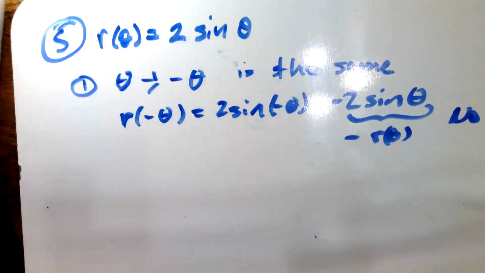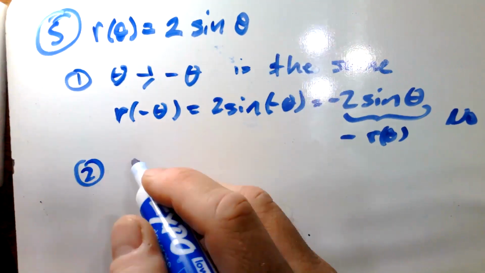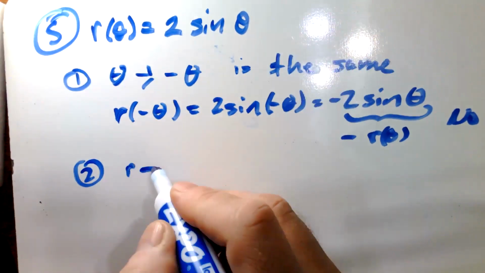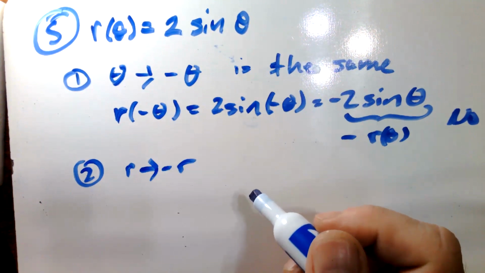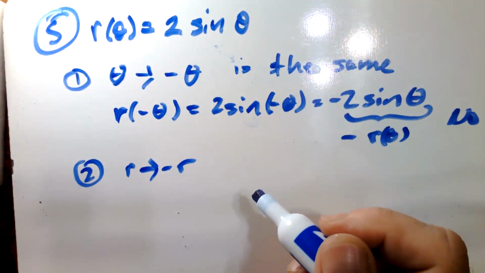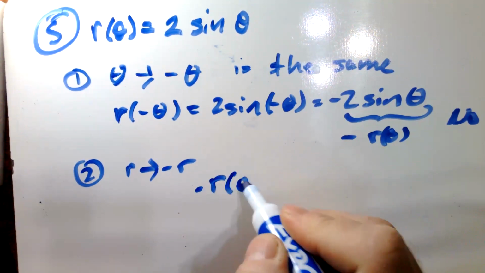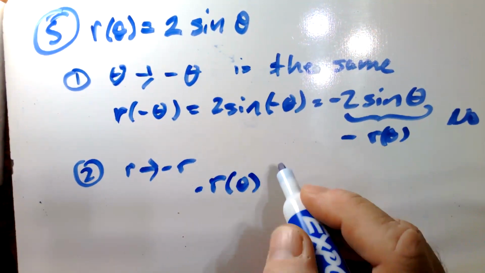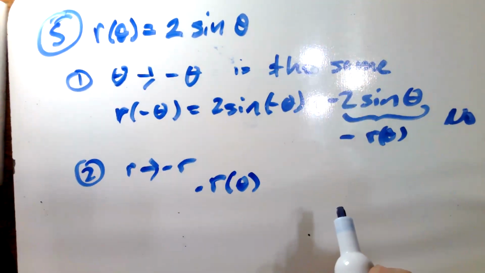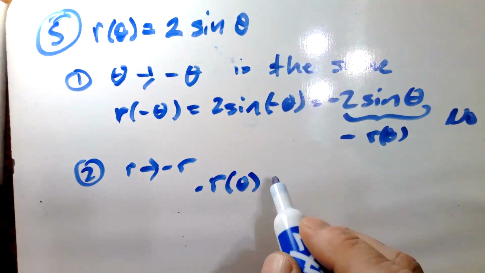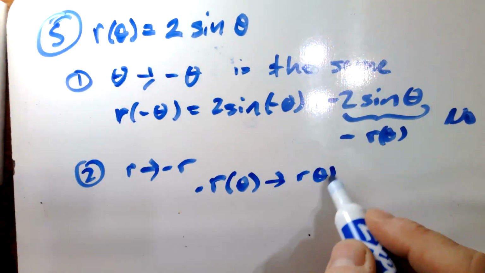All right, so let's consider the next situation. What about 2? If we replace r with negative r, and it remained the same, then it would be symmetric about the pole or the origin. If we do that, we're going to get negative r of theta. What happens if we do that? We test to see if that's equal to r of theta.